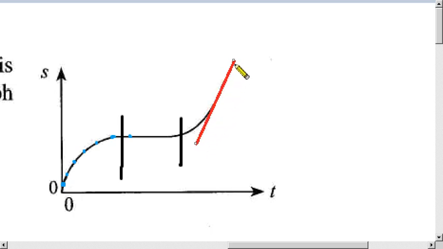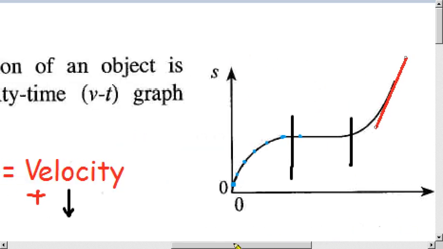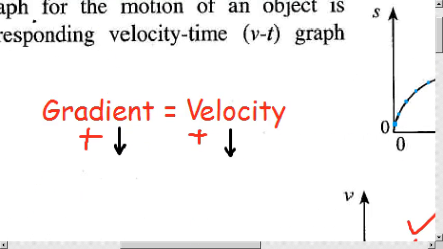Now it is steeper like this. So what can we decide? The gradient is not decreasing, it is still positive, but the gradient is increasing. So the velocity must increase, therefore still positive.